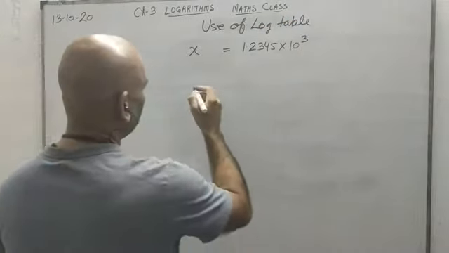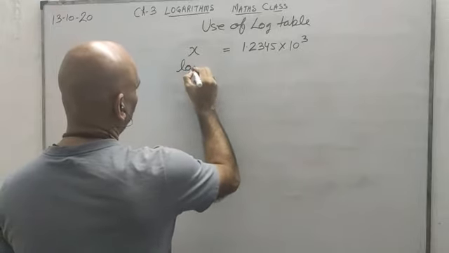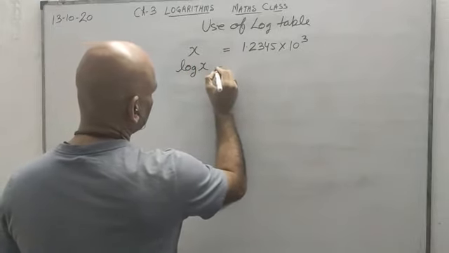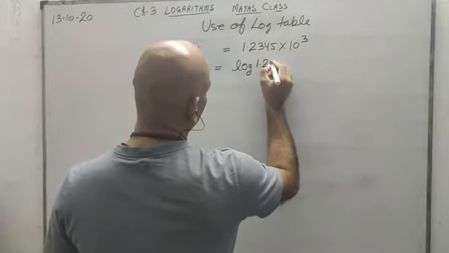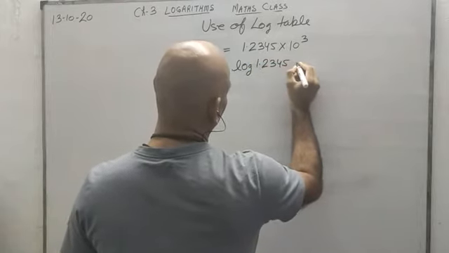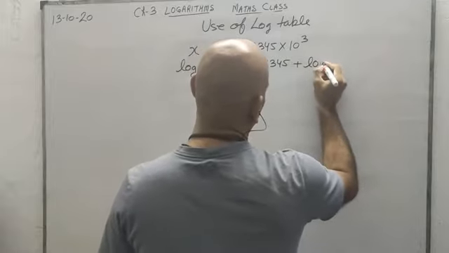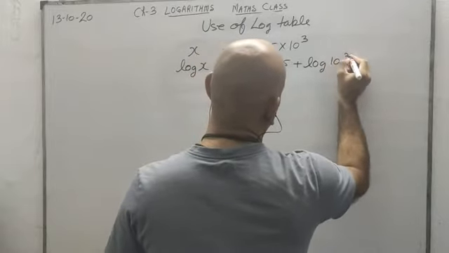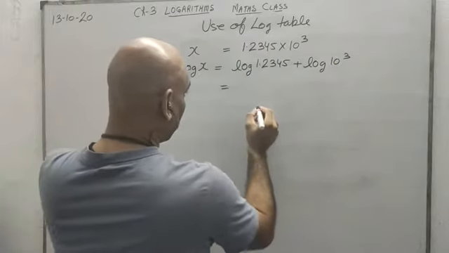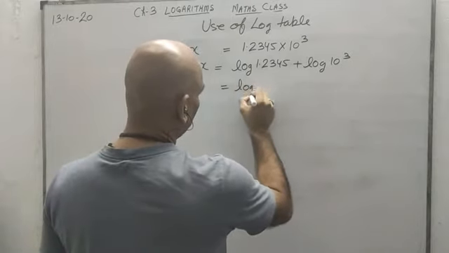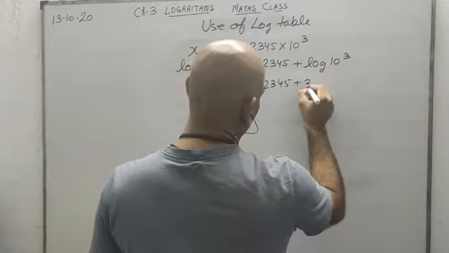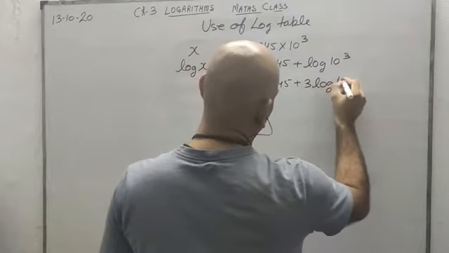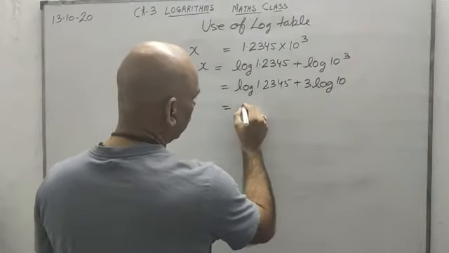So if we take the log of it, it will become log x is equal to log 1.2345 plus log 10 to the power 3. So log 1.2345 plus 3 log 10, and the value of log 10 will be 1.